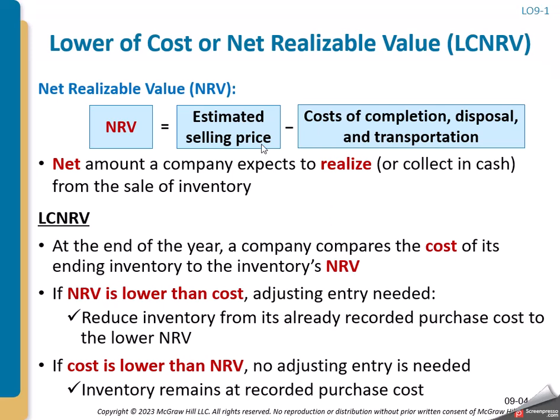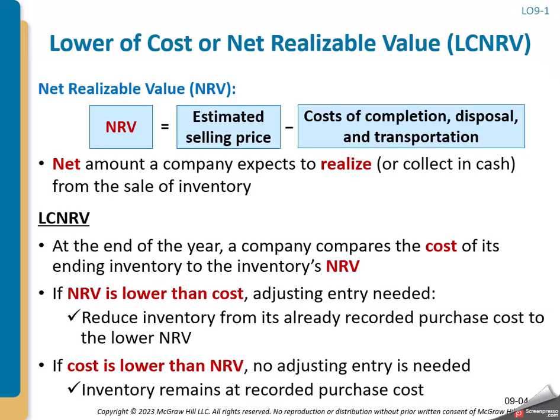And so you've got to then look at it to say, okay, do I have to do something to it? So maybe like your Amazon and it comes back to you, you're probably going to have to rebox it. And then you're going to have to sell it at a reduced price. So what's that reduced price you can sell it for now that it's used? And then do I have to rebox it or reship it or that type of stuff? So those would be costs to transport it or complete it.